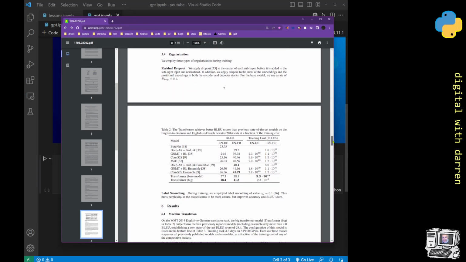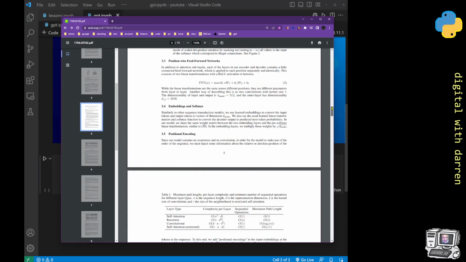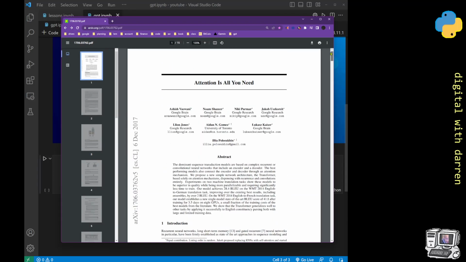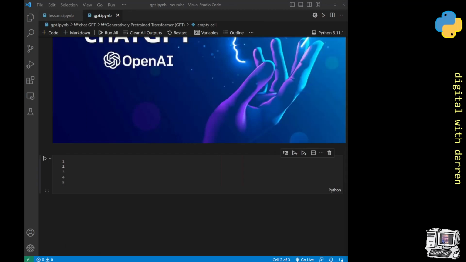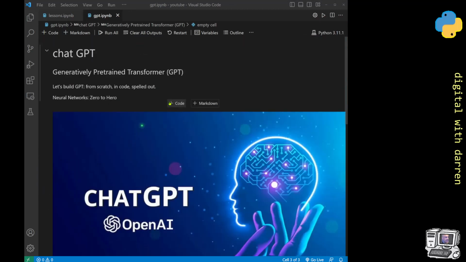Nevertheless, this paper, which I believe was written in 2017, was the genesis of AI, or at least of these generatively pre-trained transformers. So that's really what we're going to get onto, and we're going to start doing the code.